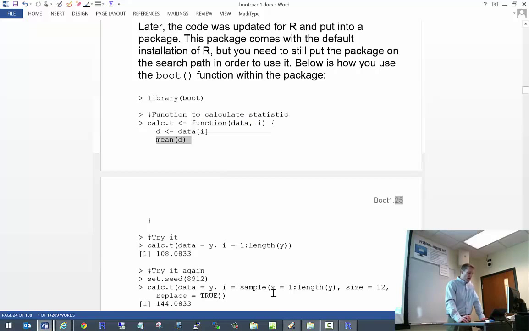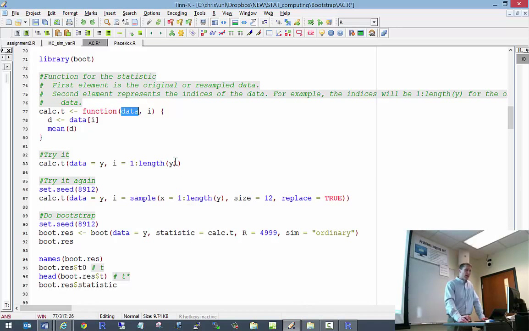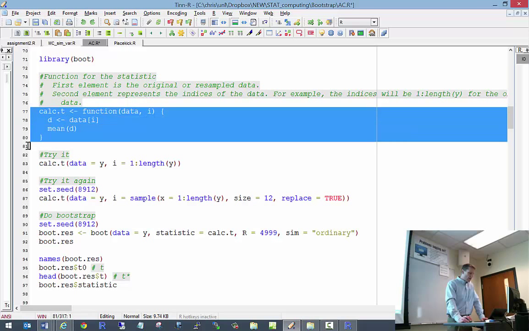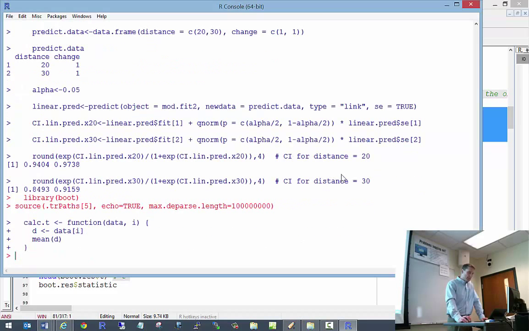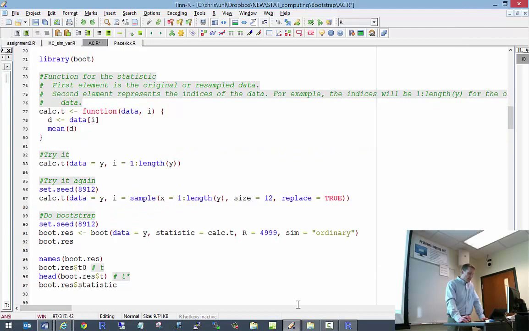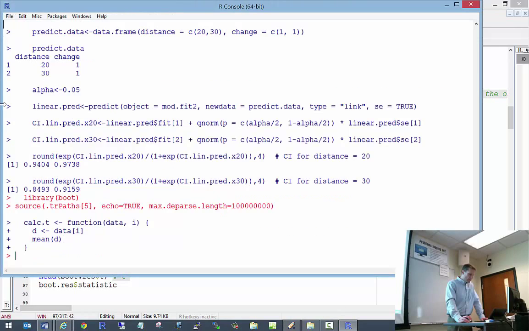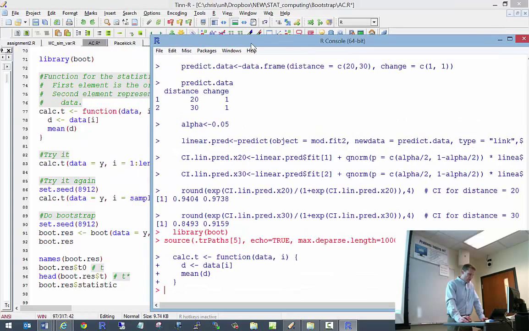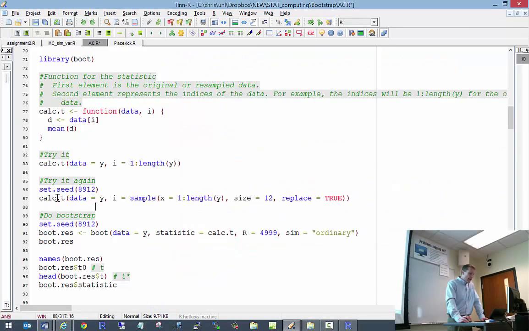So let's actually try this out, because it's always good to make sure that this works before you actually use the boot function. So I'm going to run my calc.t, and then use calc.t with my original data, and for the indices, well, 1 to 12.